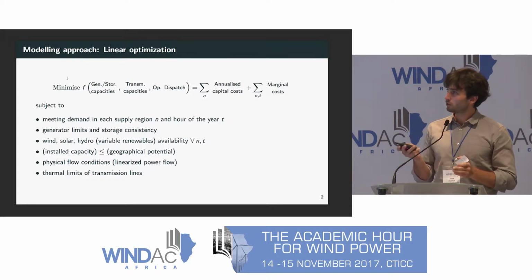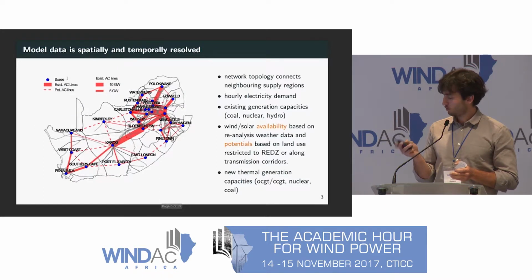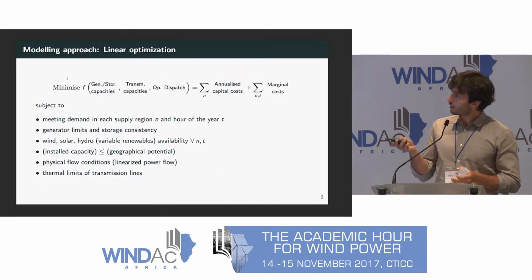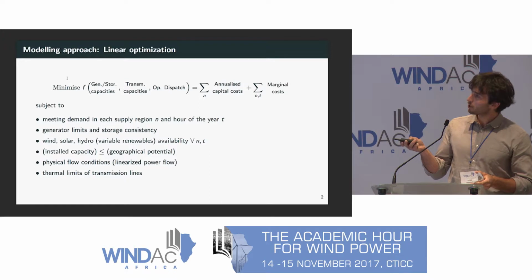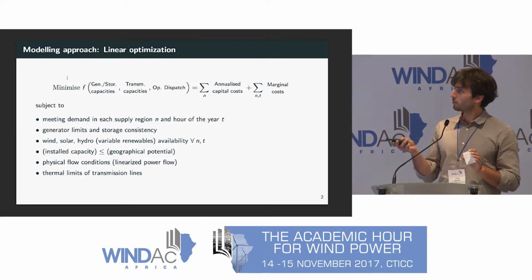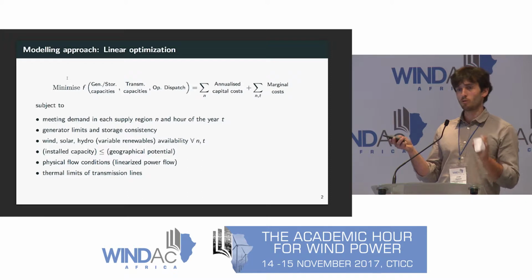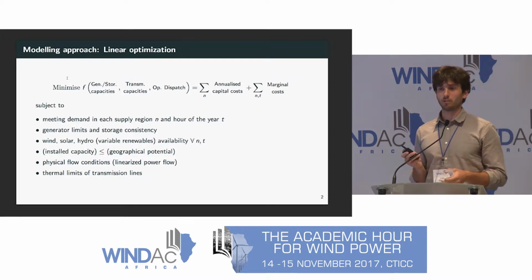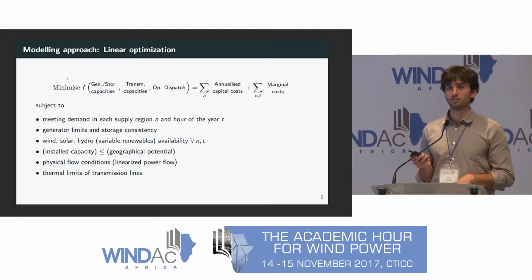And minimize those by changing the capacities I have available in all places, the transmission capacities I have available, and how I will dispatch them when I actually use the energy from the wind, from the coal plant.